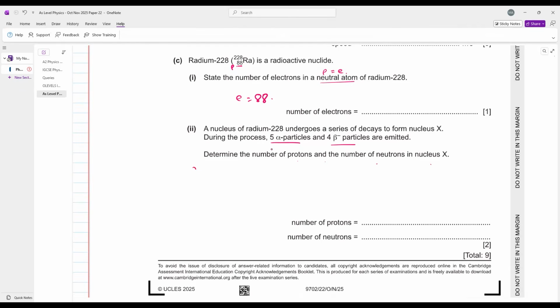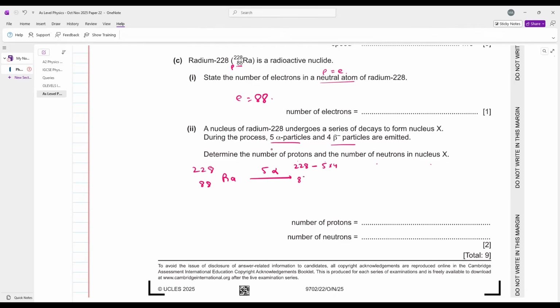Perfect. So first of all, you have a radium nucleus, from which 5 alpha particles decay. If 5 alpha particles decay, what will happen? Your mass number will decrease by what? 5 multiplied by 4. If one alpha particle decays, your mass number decreases by 4. If 5 alpha particles are emitted, your mass number will decrease by what? 5 into 4.